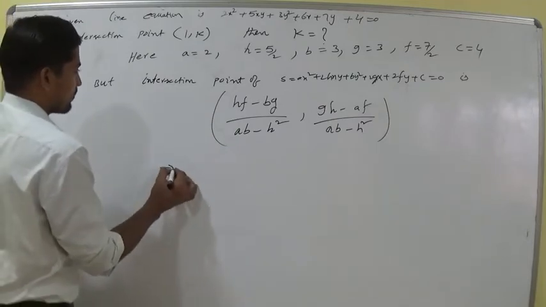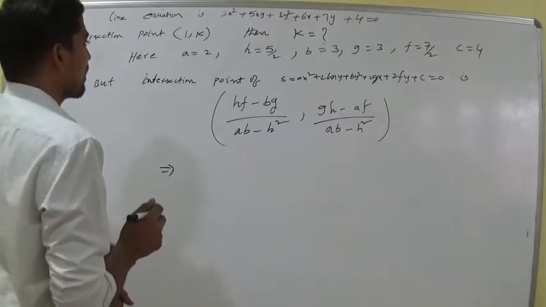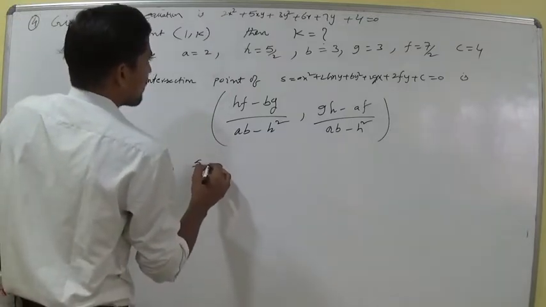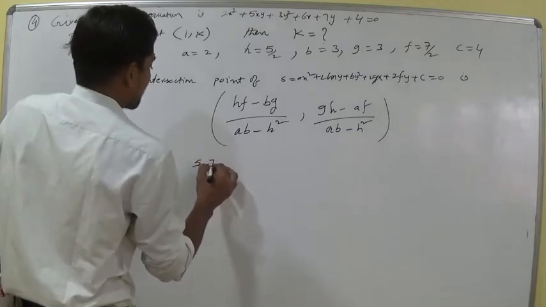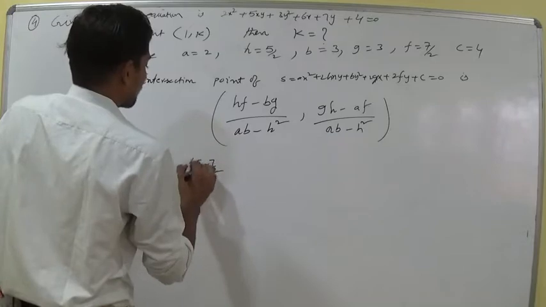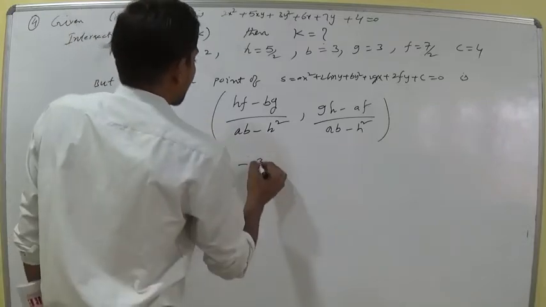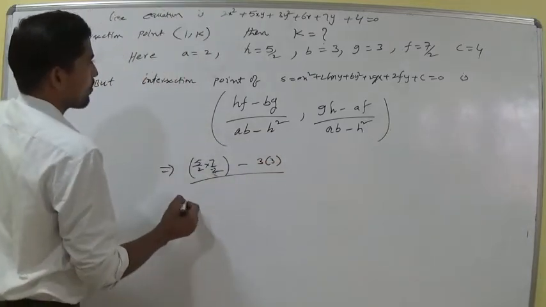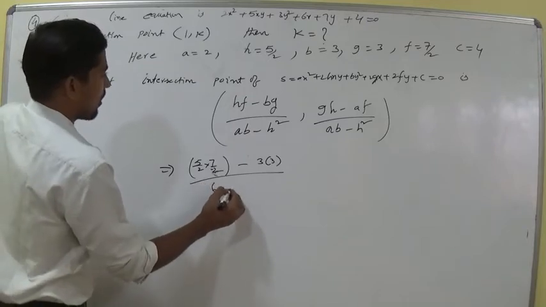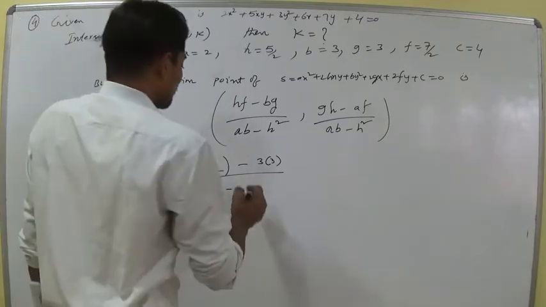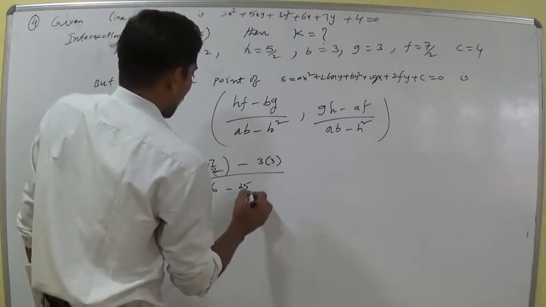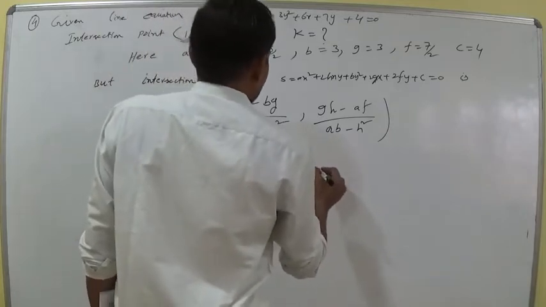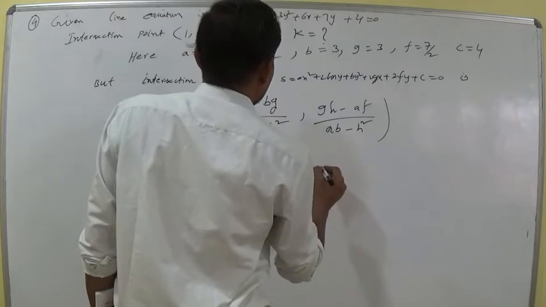That implies hf minus bg. What is h here? 5 by 2, f is 7 by 2, minus bg. g is 3, b is 3. ab is 2 into 3, so 6 minus h², 25 by 4, comma gh. gh is 15 by 2.